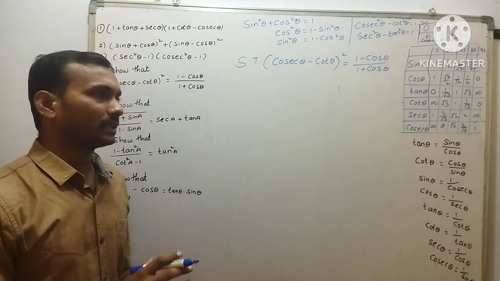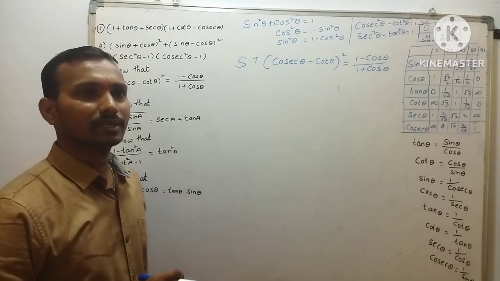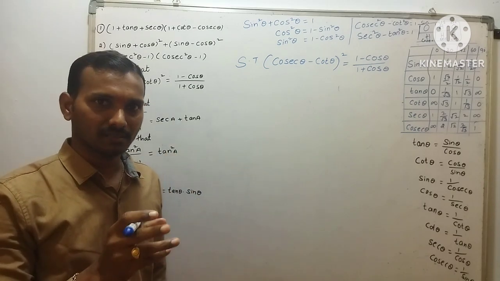So he was asking to show that cosec theta minus cot theta whole square is equal to 1 minus cos theta by 1 plus cos theta.